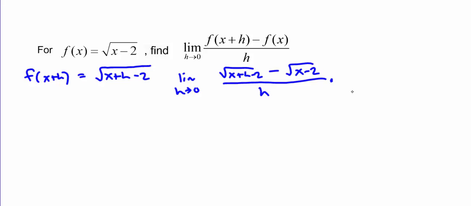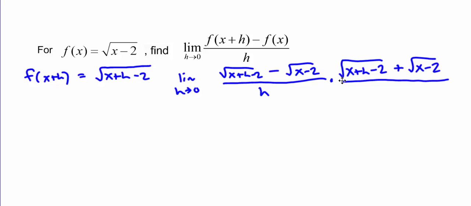So what we're going to do is actually a technique that we used earlier in this lesson, which is rationalizing the numerator. I'm going to use a conjugate here, and this technique will really help because it allows us to eliminate lots of things, as you'll see as we move forward.